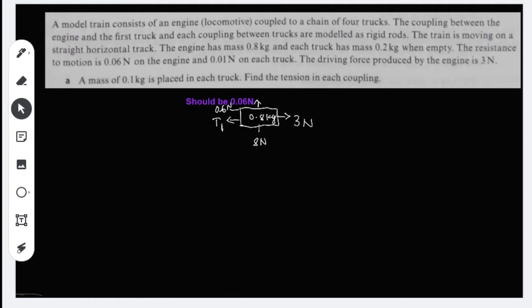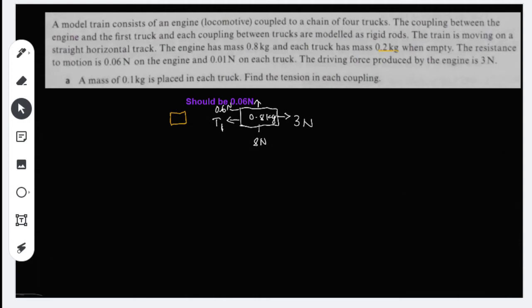Okay, the first truck. Let's have the first truck. Based on the problem, the mass of each truck is 0.2 kilograms.